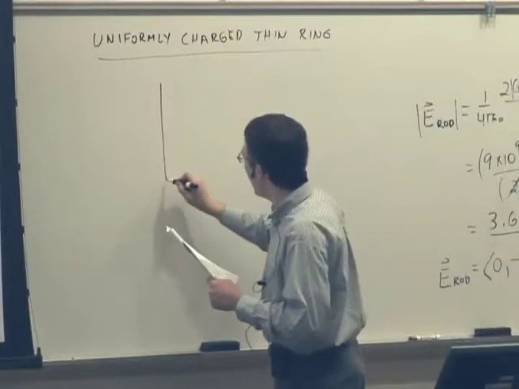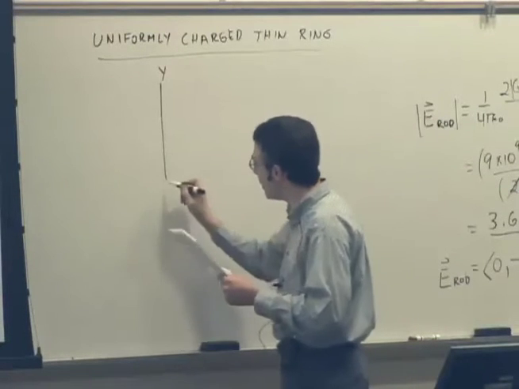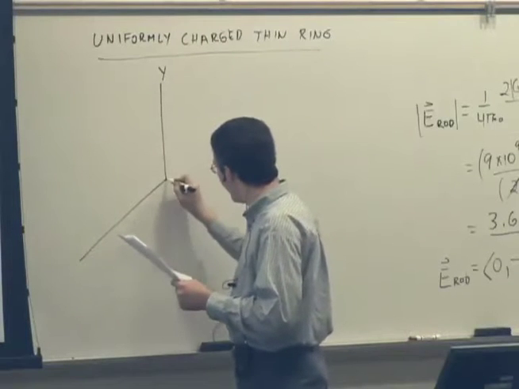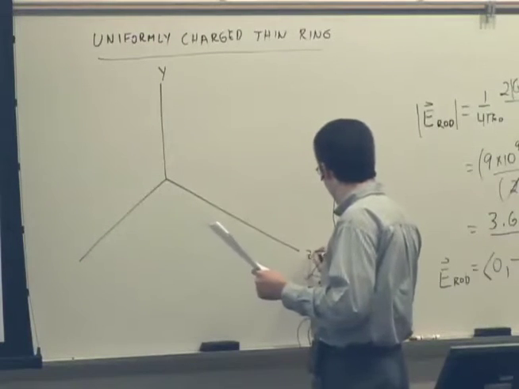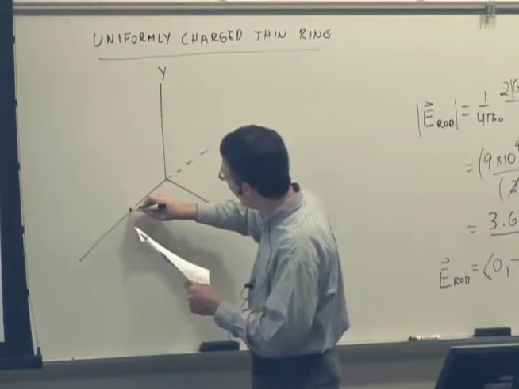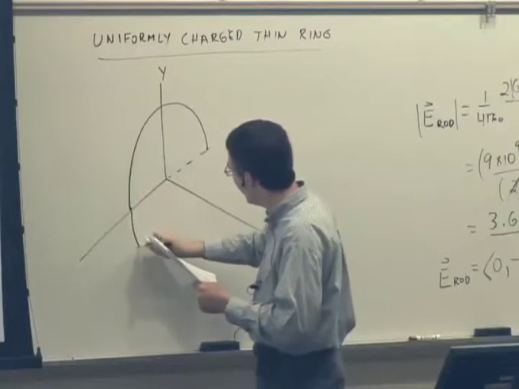let's say you have, and I'm going to draw my coordinate axes a little bit in perspective here, where x is kind of like that and z is kind of like that. And what I'm going to draw is a thin ring that lies in the xy plane.